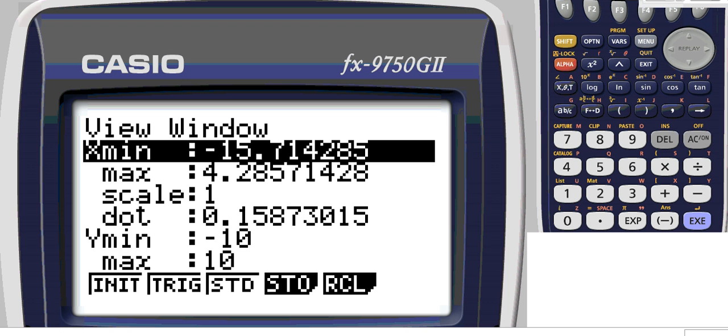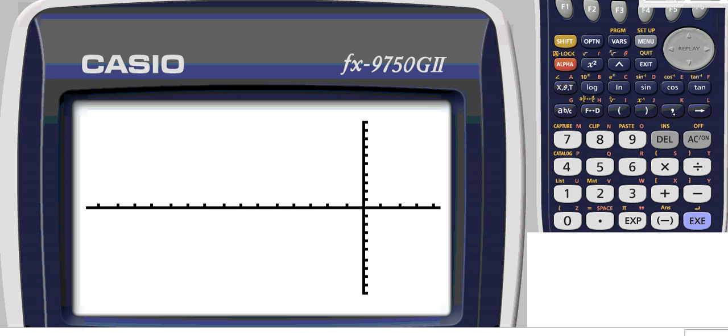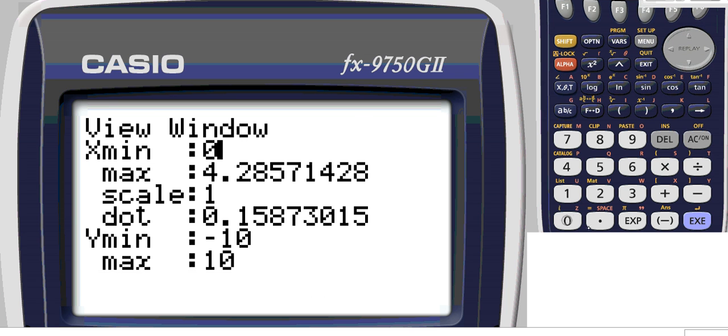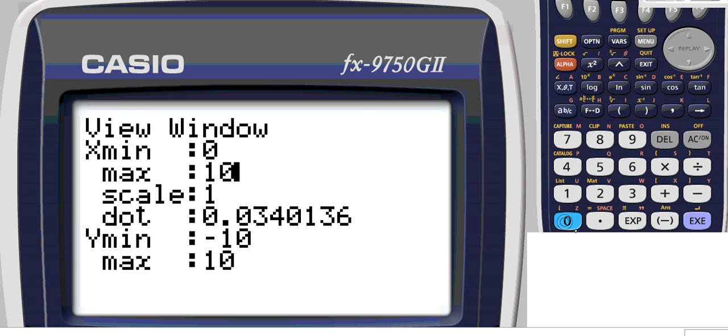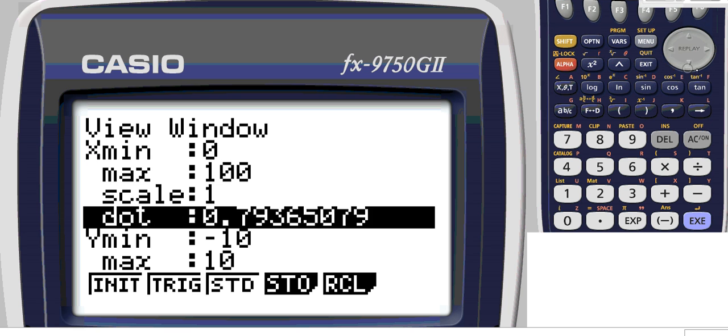You do need to change your window because we knew that it went from 0. We did 100 for both x's and y's.